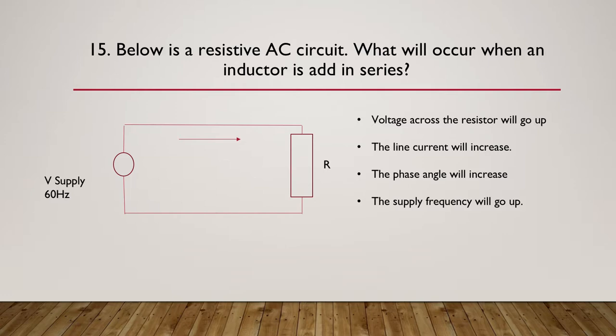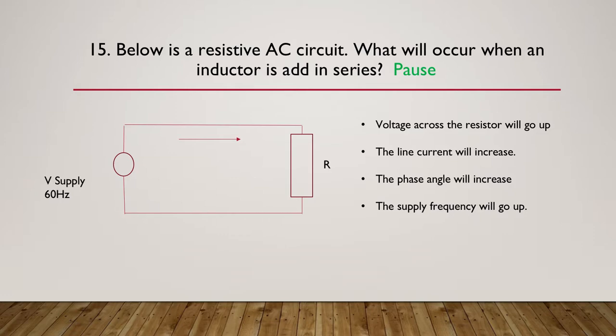What happens if we add an inductor in series? What best describes what will happen? The voltage across the resistor will go up, the line current will increase, the phase angle will decrease, and the supply frequency will go up. They're the four possibilities. So let's pause there.